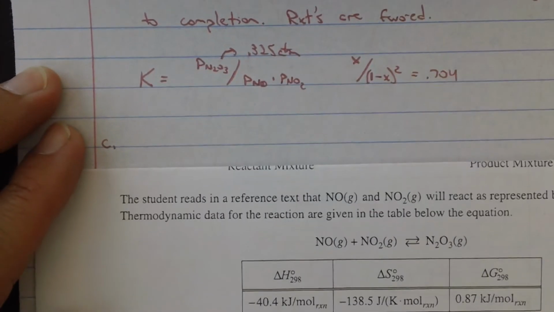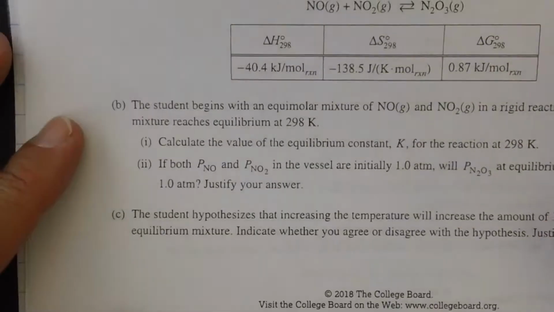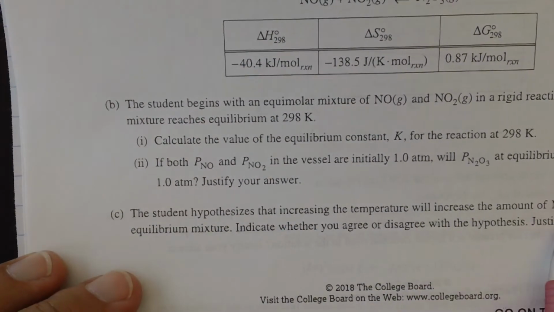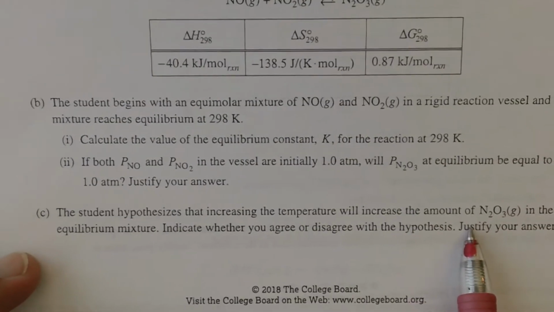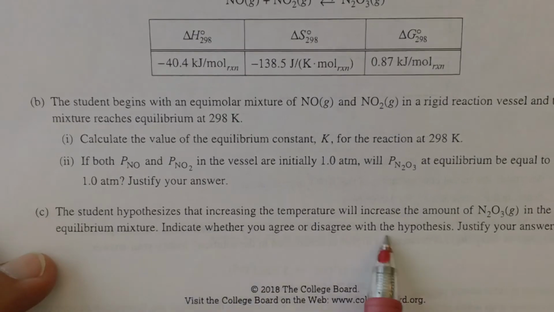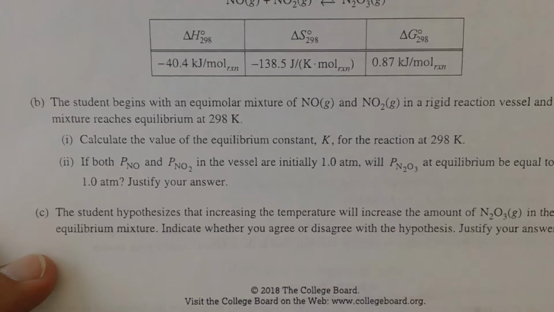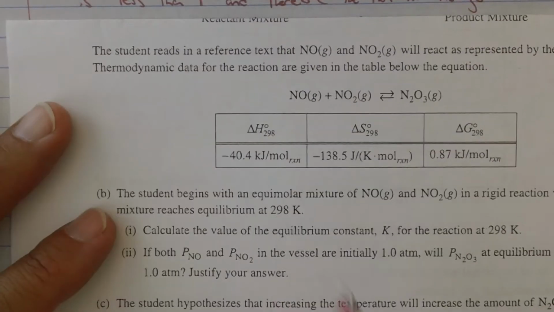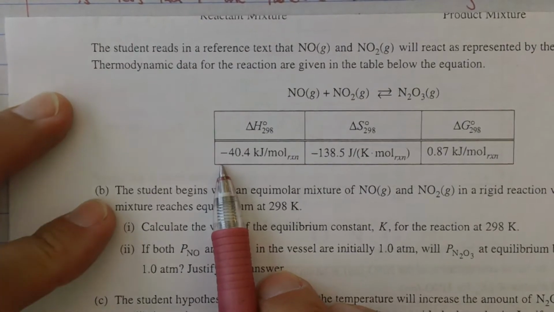Overachieving. Part C. Part C says the student hypothesizes that an increase in temperature will increase the amount of N2O3 in the equilibrium mixture. Indicate whether you agree or disagree with the hypothesis, and justify your answer. Here's the answer.